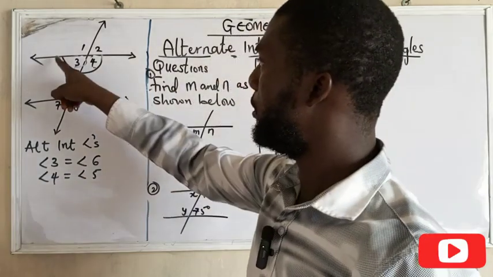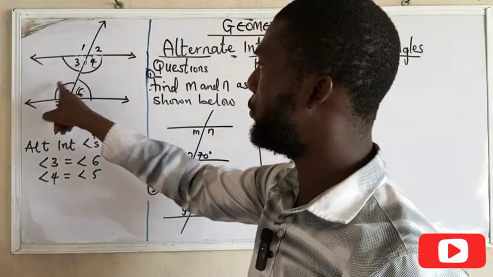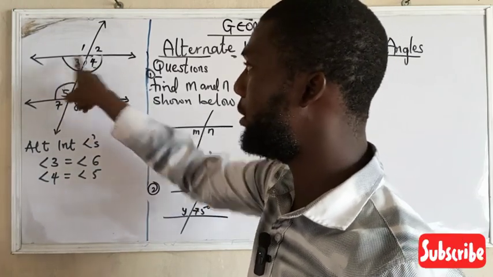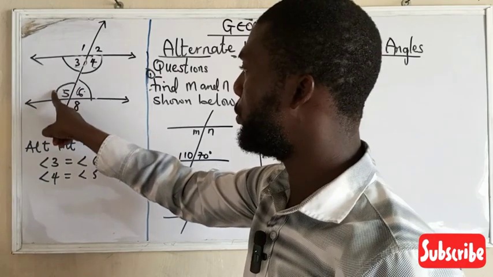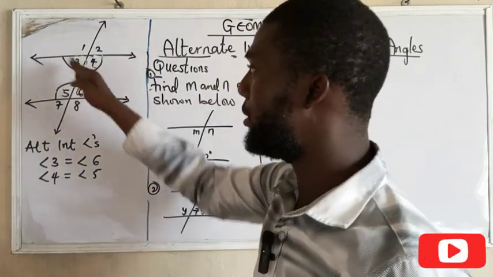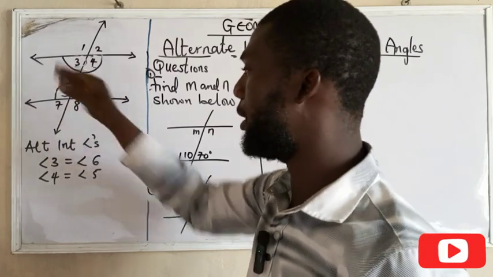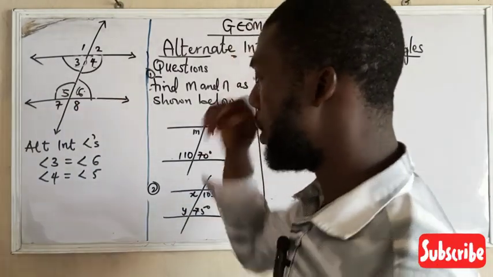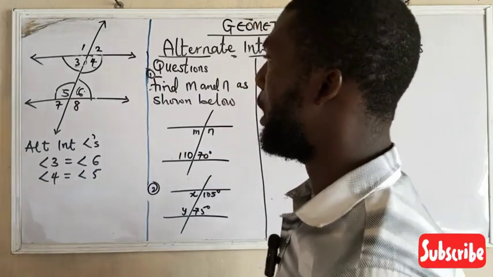Can you see? It is opposite to themselves. This is opposite to this and it is located inside. 4 is also opposite to 5 and is also located inside. So it is alternate, that is, it is opposite, and at the same time, it is interior. So that is why it is called what? Alternate interior angles.